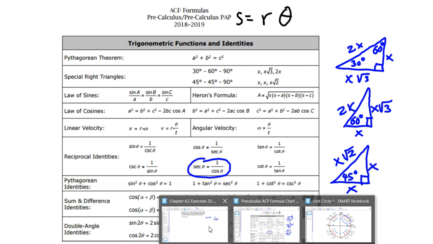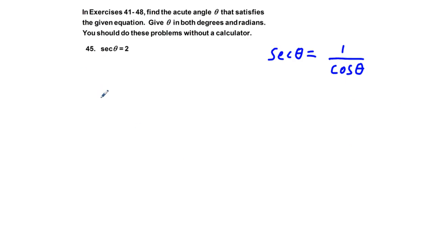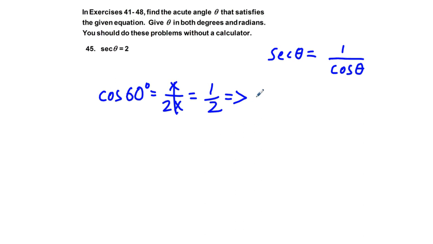So I'm going to write this down. And that's going to be equal to 1/2. Well, secant is going to be a reciprocal of cosine, so our secant of theta is going to be 2 over 1, which equals 2.